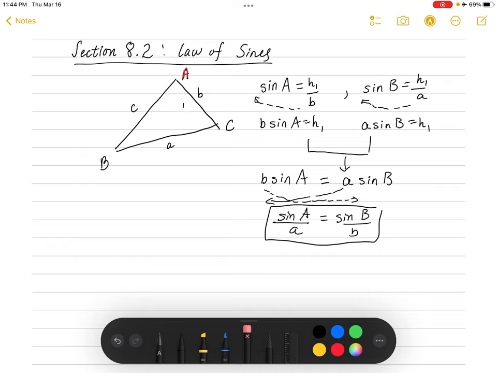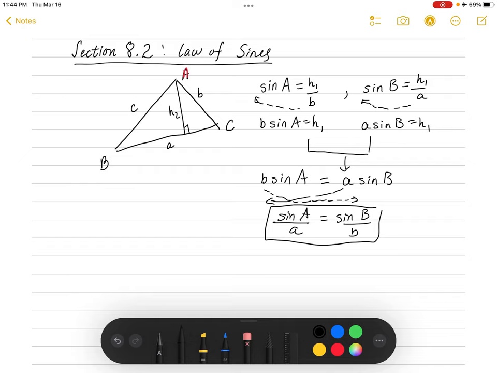I'm going to get rid of this H1 right here. And this time I'm going to take a perpendicular line segment down from capital A to little a. It's a perpendicular line segment. That's a little 90-degree angle there. We're going to call this one H2.